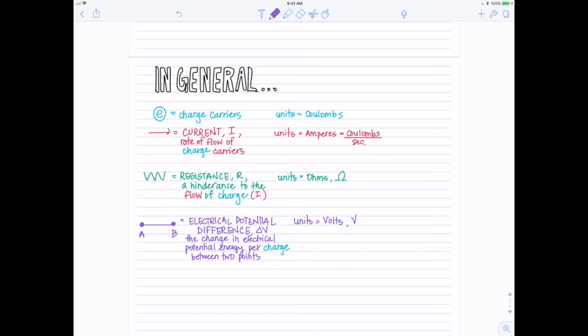So in a sense, you're looking at how much potential energy does the charge carrier have at point A versus how much potential energy does that charge have at point B. And the difference between those amounts of energy per charge is the electrical potential difference. We measure that with the units volts, represented by the letter V.